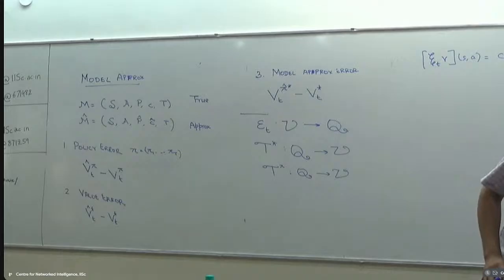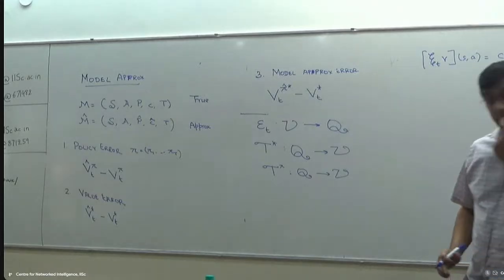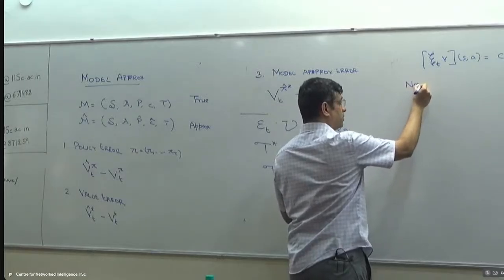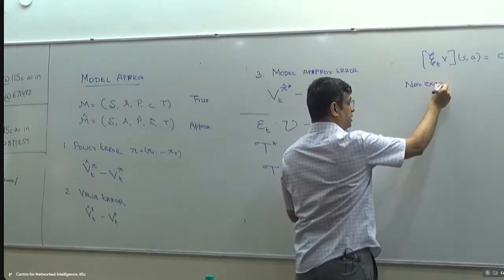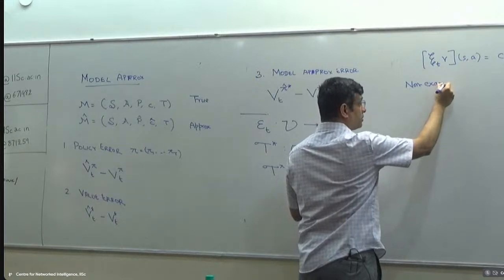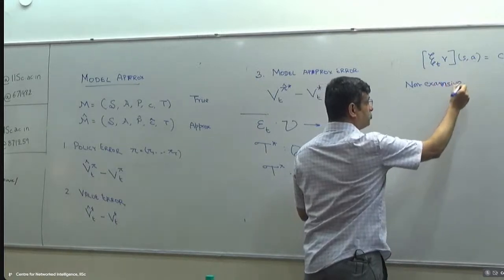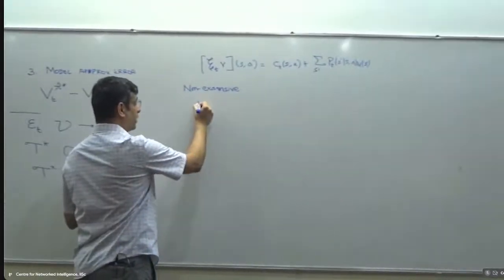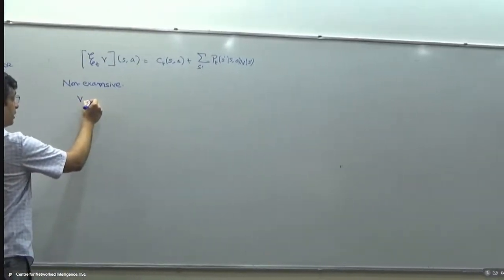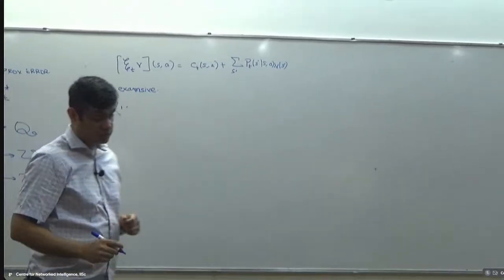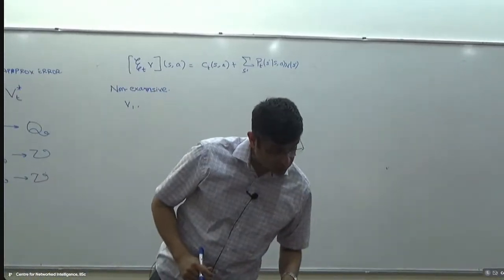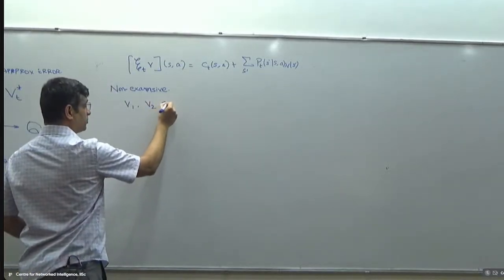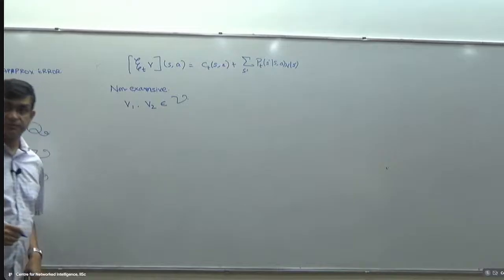The first property that I have here is that this operator is non-expansive in the sup norm. What this means is, let me take two value functions V1 and V2.